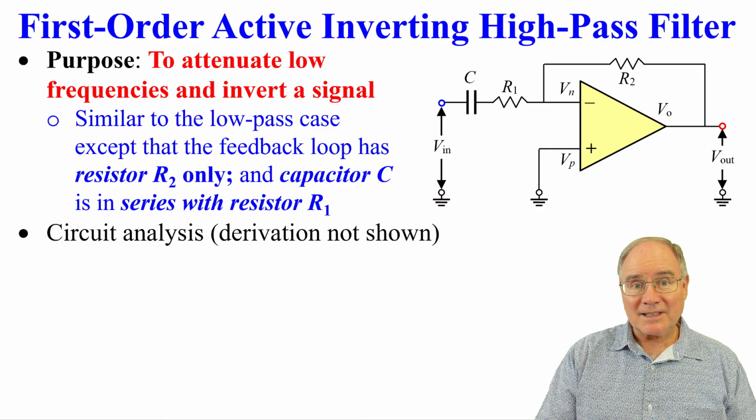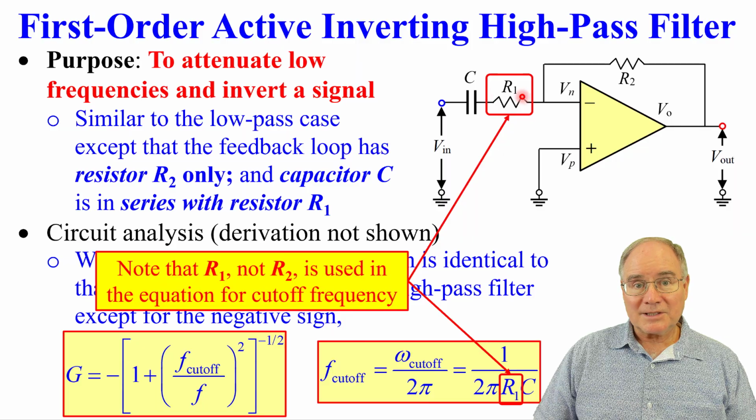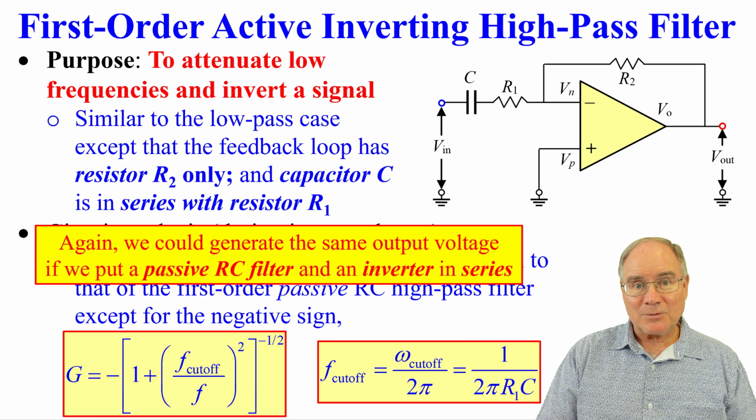Again, without showing the derivation. And for the case where R1 equals R2, we get the same gain as we had for the passive case, except for the negative sign, and we have the same cutoff frequency. But note that R1, the resistor closest to the capacitor, is used in the equation for the cutoff frequency. Again, we could generate the same output with a passive RC filter and an inverter in series.